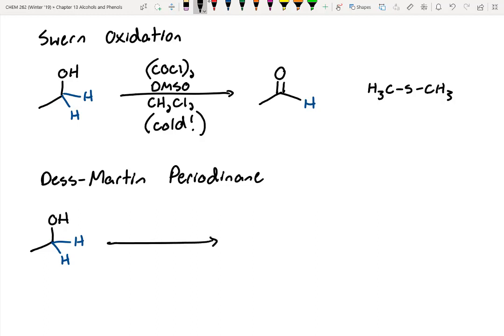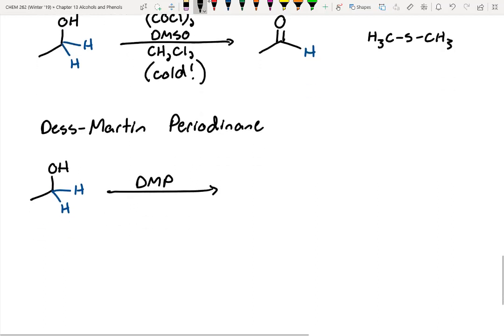And people just abbreviate this as DMP. The structure is fairly complicated. It's a bicyclic ring system with a bunch of hypervalent iodines on there, which makes it a very strong oxidant. And same thing, we can stop at the aldehyde.